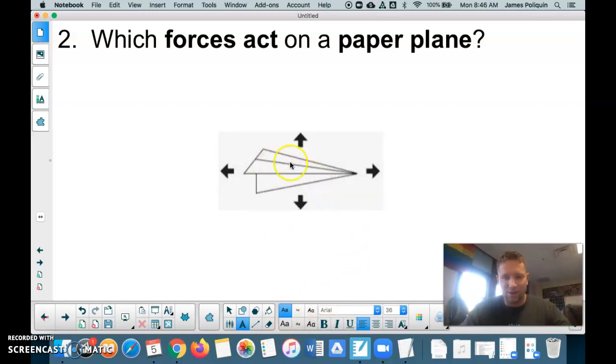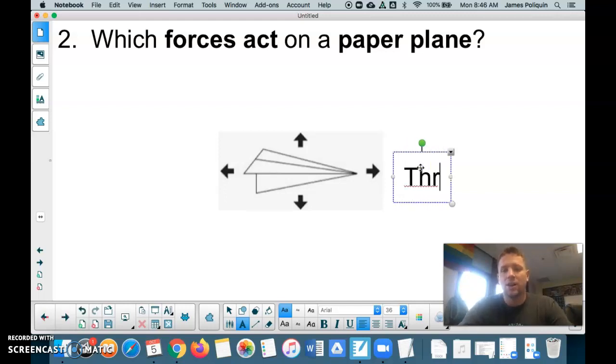Okay, and so we have a plane. If it's angled, in our case, the tail end of the plane is to the left, the nose is flying to the right, and so the plane is designed to go from left to right. So we have one force. What makes the plane go? Well, if it's a paper plane, it's us throwing it. That throwing gives it a forward motion.